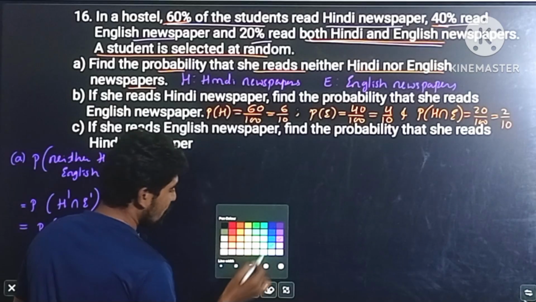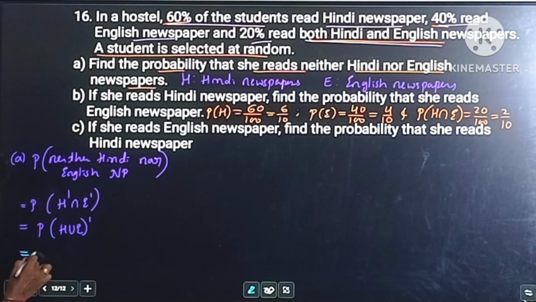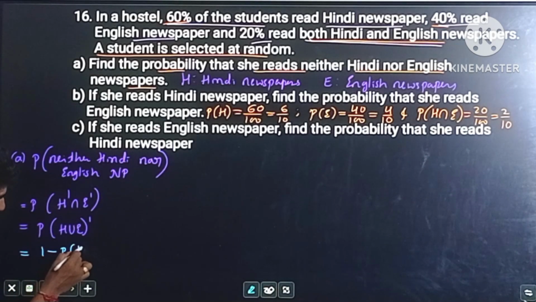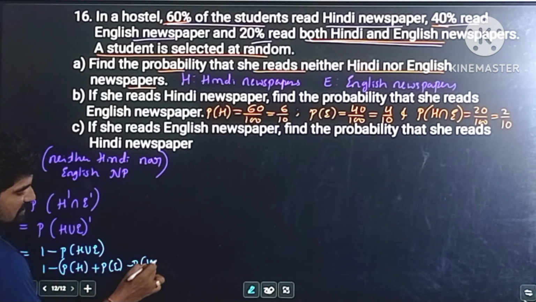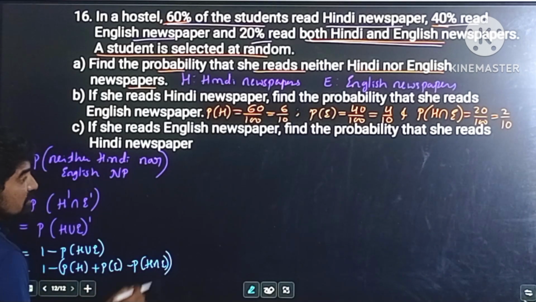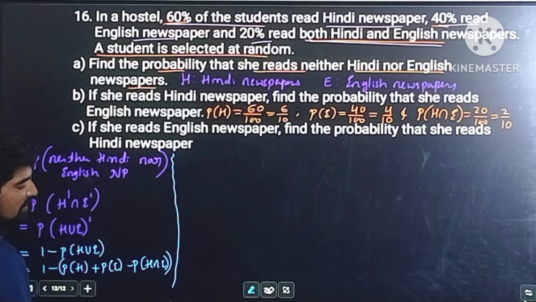And we know that probability of (H union E) whole dash is equal to 1 minus probability of H union E, which is equal to 1 minus [probability of H plus probability of E minus probability of H intersection E]. So just substitute the given data here.